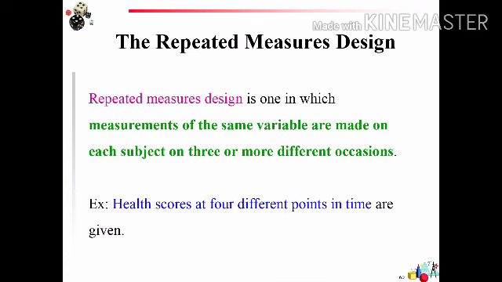Next we come to the repeated measure design. It's also known as repeated measure ANOVA. The repeated measure design is one in which the measurements of the same variable are made on each subject on 3 or more different occasions. For example, the health scores at 4 different points in time are given here.